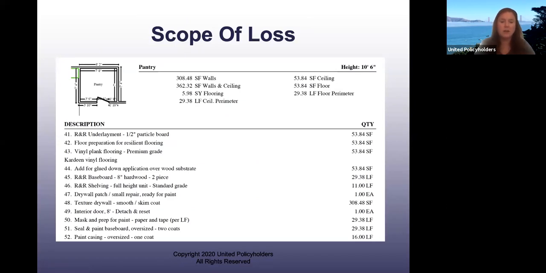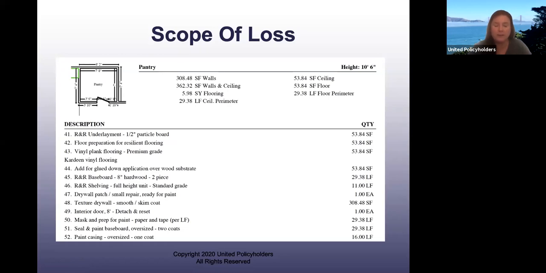It's very interesting. A lot of times when people go through and correct the scope of loss, then the last page with the totals gets closer. And so then you can work from there.